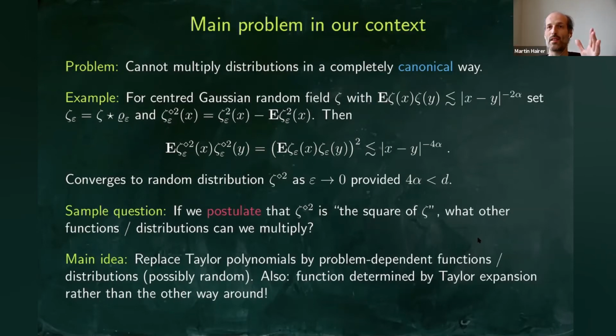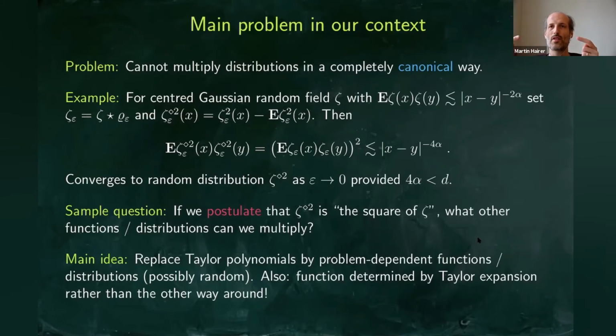Then you're going to try to describe your solution to your SPDEs, for example, locally by some kind of Taylor expansion, but now the coefficients are not the coefficients in front of the Taylor monomials, but the coefficients in front of these things that are going to replace the Taylor monomials.